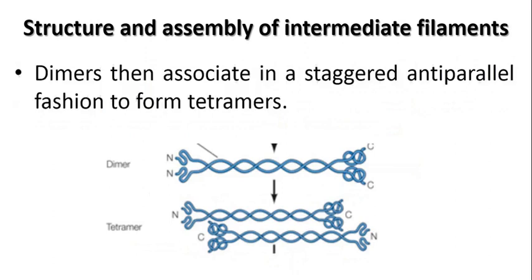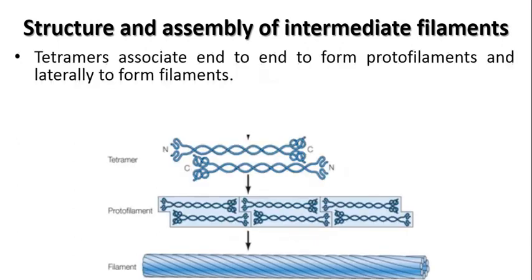Later the dimers associate in a staggered antiparallel fashion to form tetramers. A tetramer is 2 plus 2. Tetramers associate end to end to form protofilaments, and laterally they join to form filaments.